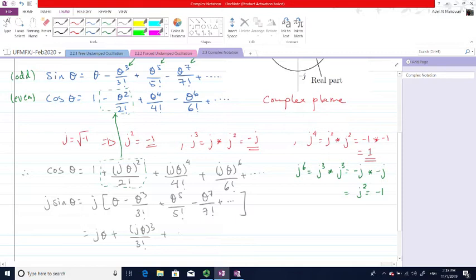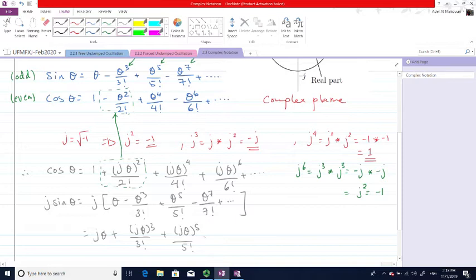Similarly, we have plus j theta to the power 5 over 5 factorial. This is positive because j to the power 5 is j to the power 3 multiplied by j to the power 2. Minus j multiplied by minus 1 gives positive j, and it's always positive in here.